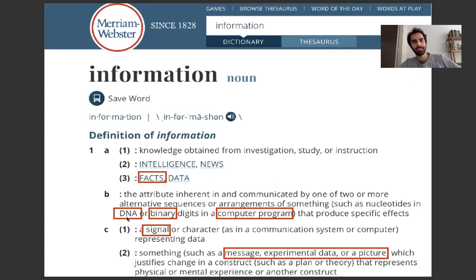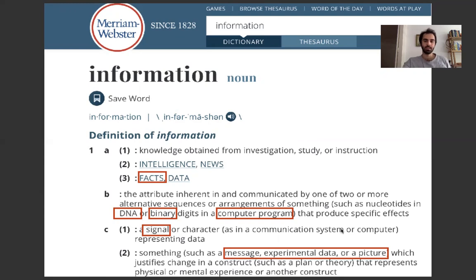And it has the words DNA, binary, and computer program. The signal or character representing data. Data is also an interesting word, which also appears here. Something. Okay, it is something, right? Information, such as a message, experimental data, or picture.